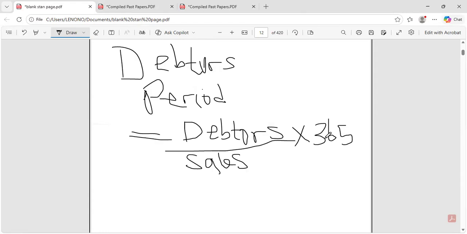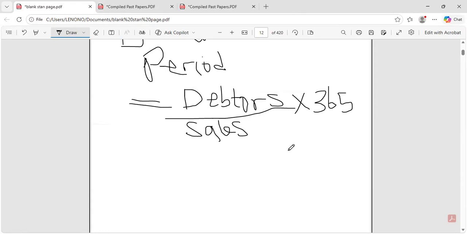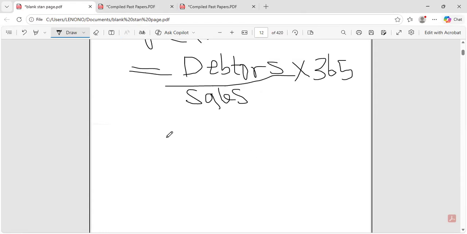Then that's the debtors' period. So you need to collect money from your customers first, but delay to pay suppliers.